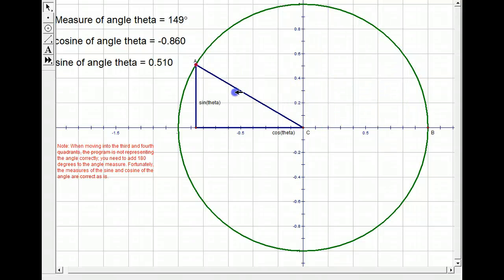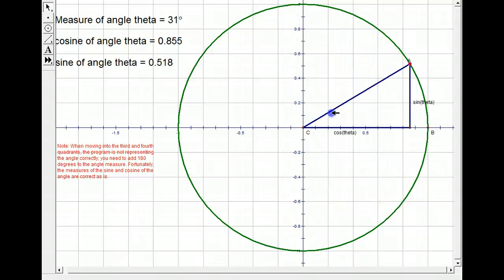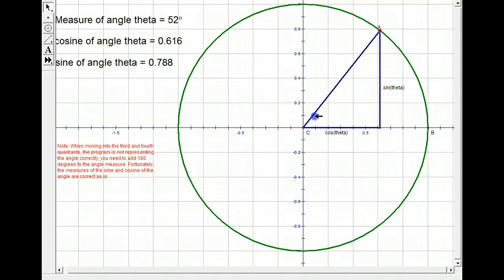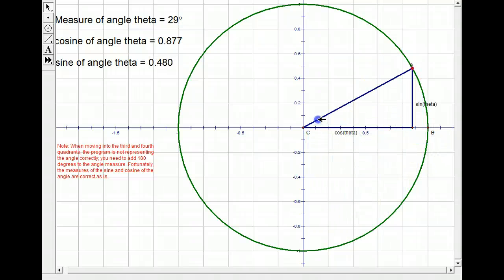The x-coordinate is always decided by cosine. Cosine of an angle is the x-coordinate. So if you notice, in the first and fourth quadrant, cosine is positive. See that? Cosine is positive in both of these quadrants.